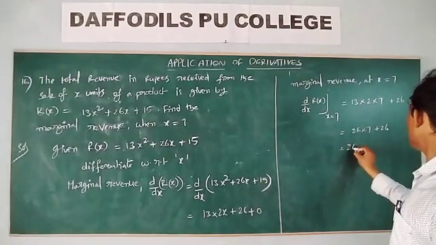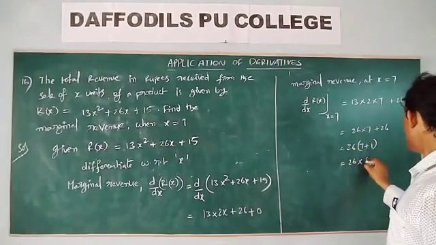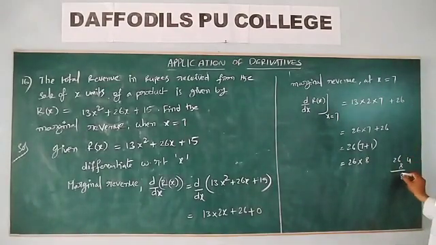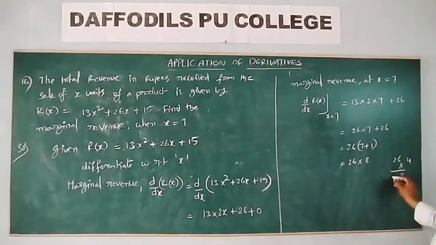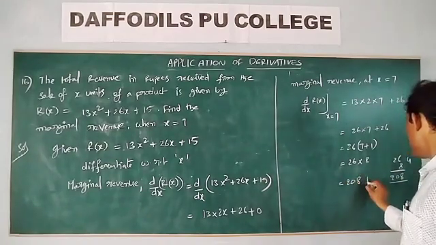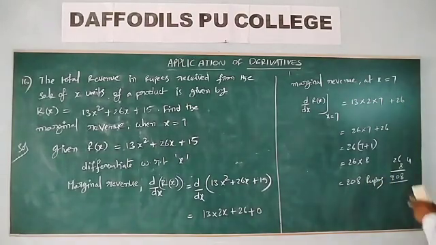Taking 26 common, 7 plus 1 gives 26 into 8. 8 6s are 48, 8 2s are 16 plus 4 is 20. That implies 208 rupees. Marginal revenue is equal to 208 rupees.